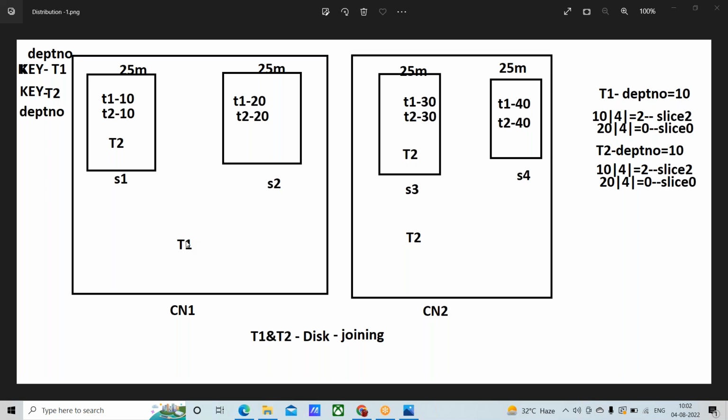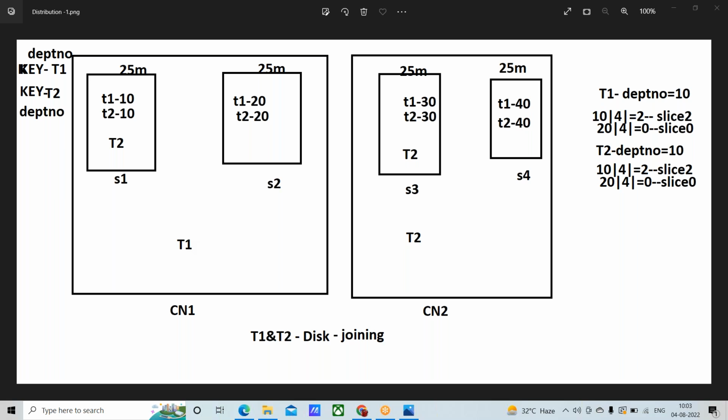Okay. So even we don't know which record will go to which slice, because this is just evenly distributed. For joining, you see, last time we discussed some joins. On a high level, matching values should be there for joining.